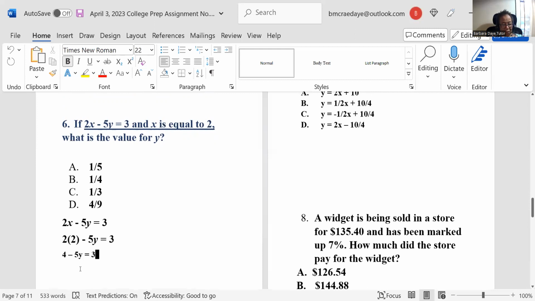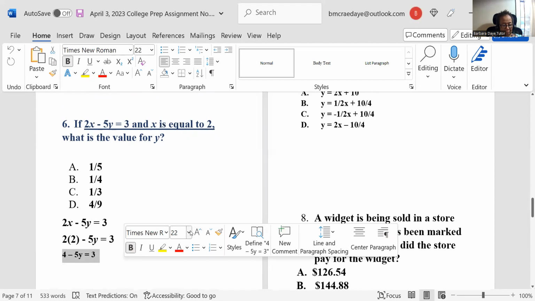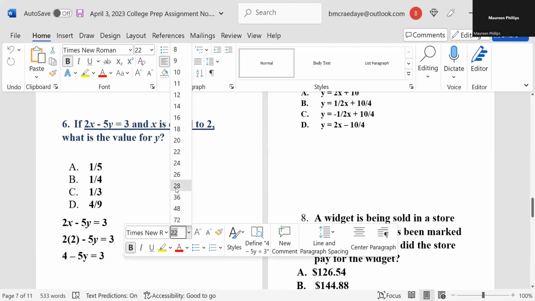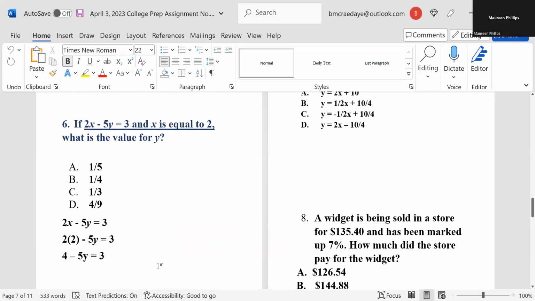Now, solve that for y. 4 minus 5y equals 3.